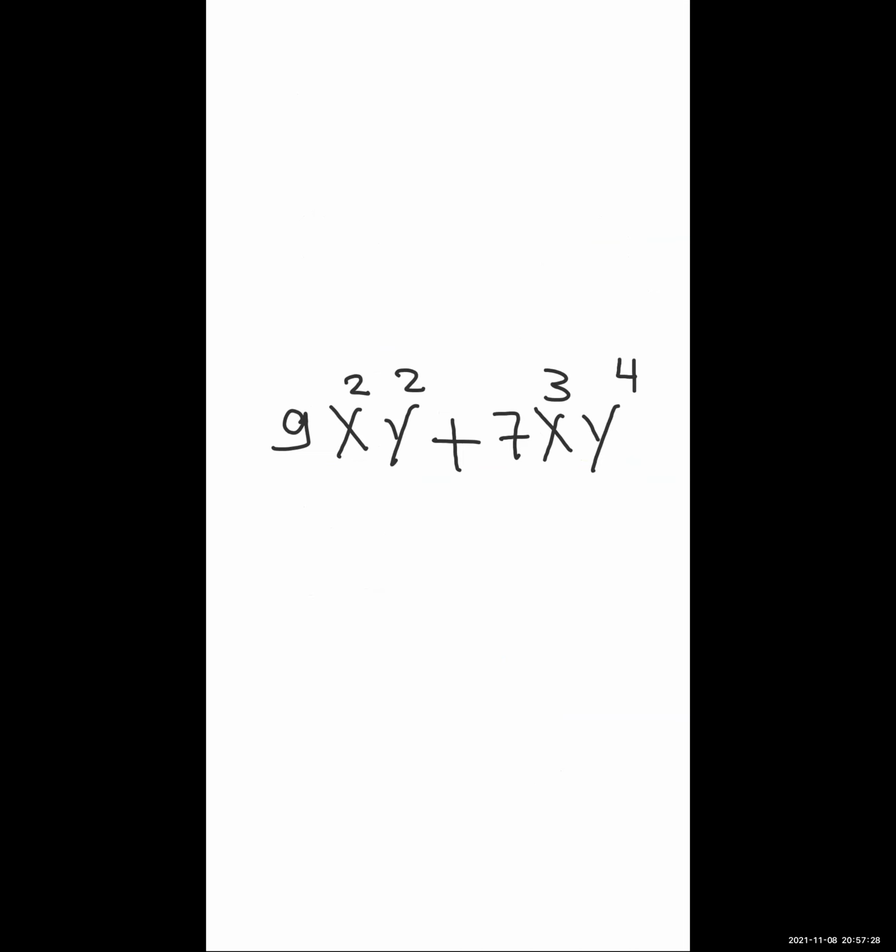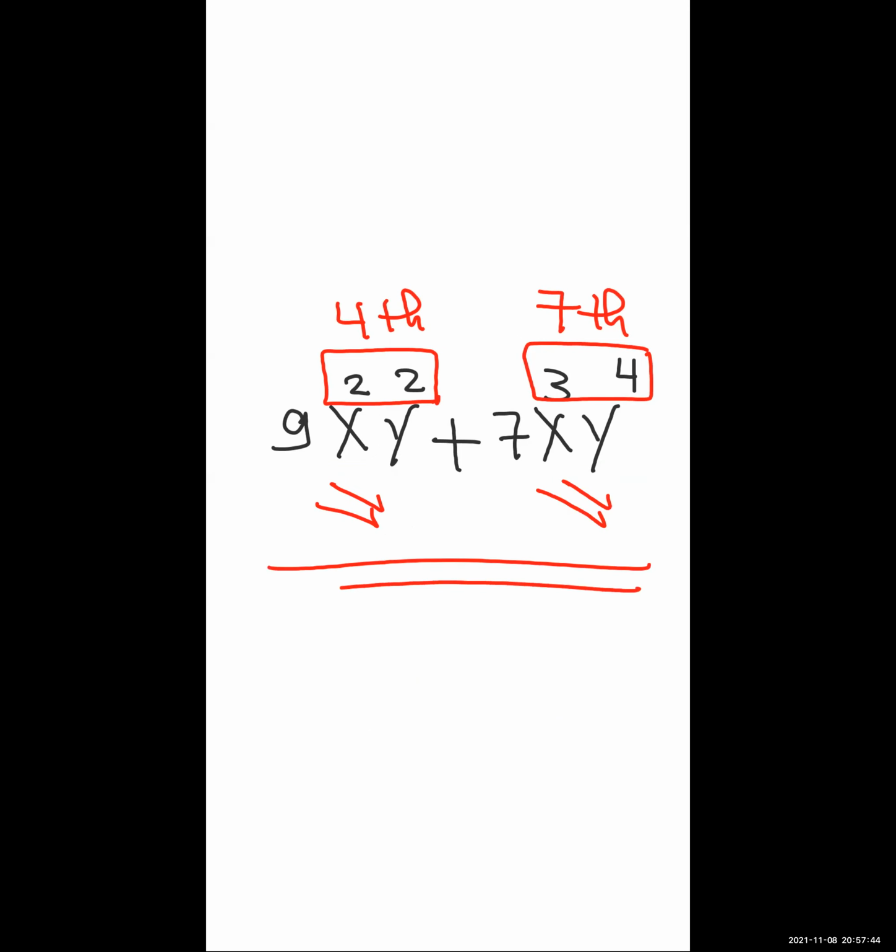The first term will be degree 4, the second will be 7, then the degree will be 7. Very good. The first term is 4, the second term is 7, so the expression is of the higher, 7th degree.